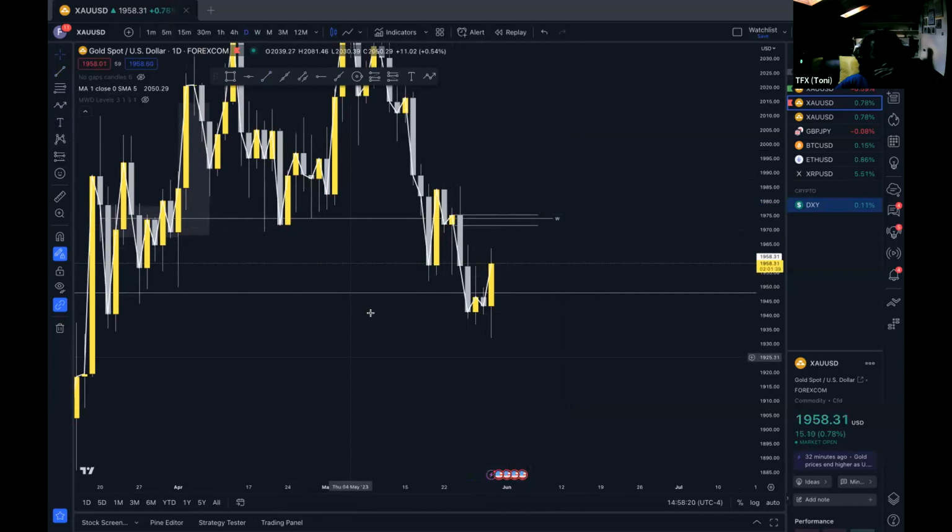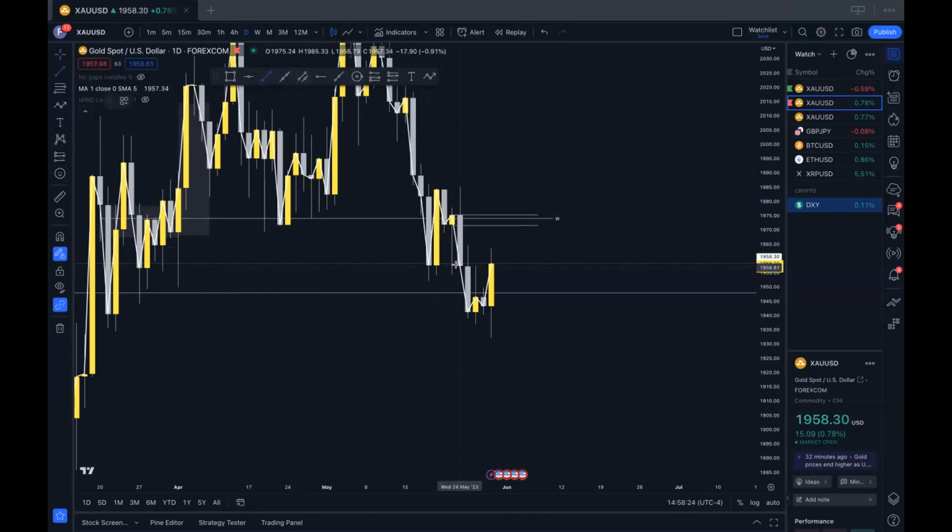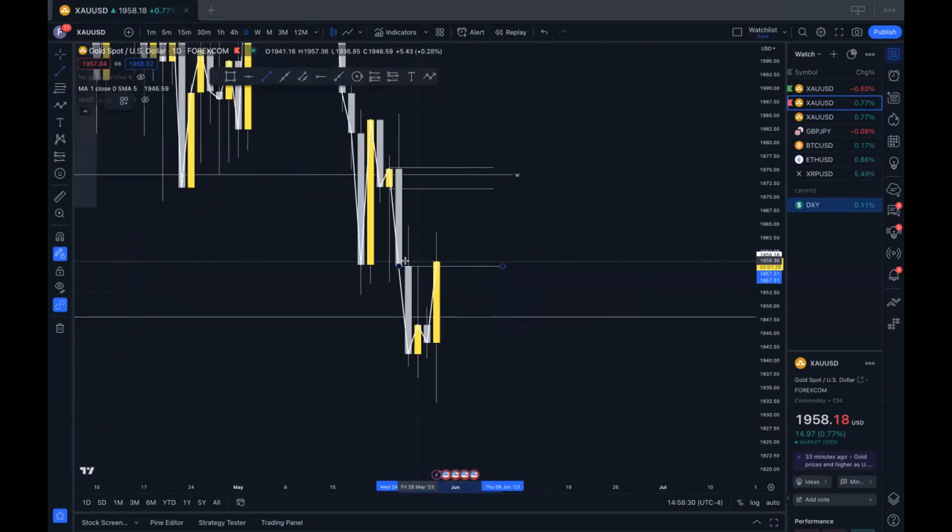Yeah. So what do we want to see, right? For now, if we want to see price come back into this level, we need to see the closure above this. It can obviously shoot right into here and then go. It can do that, sure, why not?